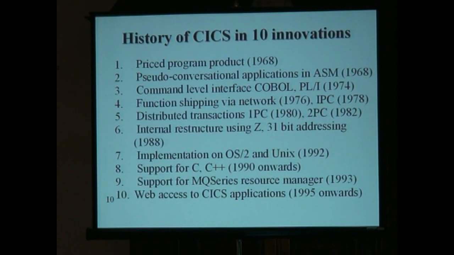And the price that was charged for CICS initially, I think, was $300, wasn't it? Something like that. $300. So they did charge for it, but only just compared with the hardware, which was a great deal more. But that $300 for a license has grown to the revenue stream that the product has today.